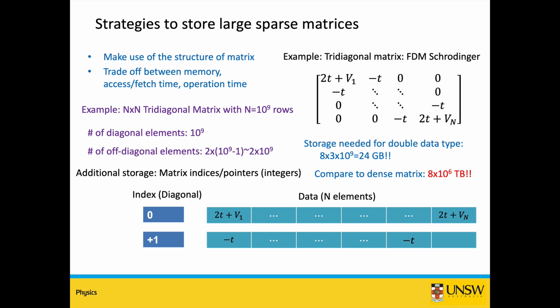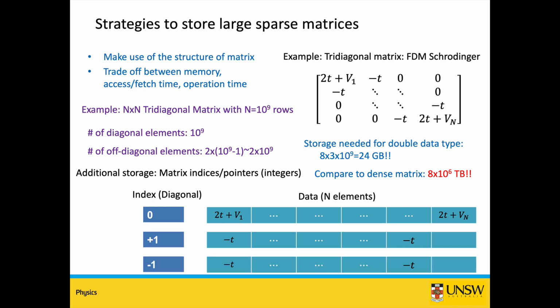But this is just an example. For the +1 diagonal, we have -t for each of the elements, and there are n-1 elements. For the other diagonal that is shifted in the opposite direction, indexed by -1 here, we have a similar form in this case. Also, some matrices may not be symmetric, so these two arrays may not be the same for some.